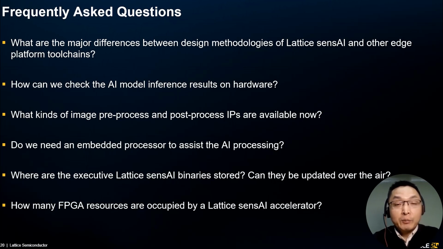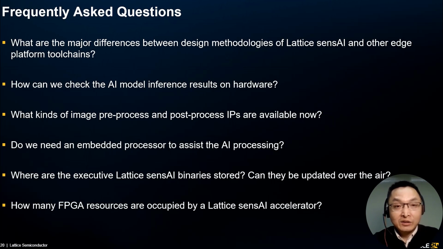The second option is to run the hardware evaluation with a Lattice evaluation board. The Sense AI toolchain provides a GUI to feed the stimulation data into some EVM boards, and then it can read back the model inference results from the hardware.